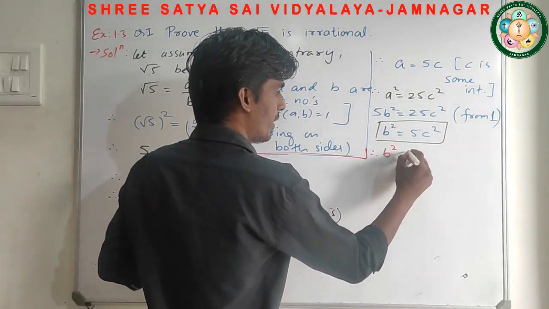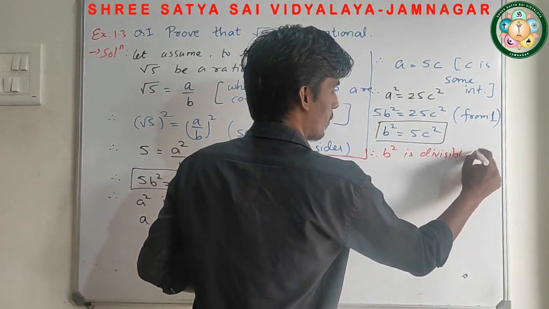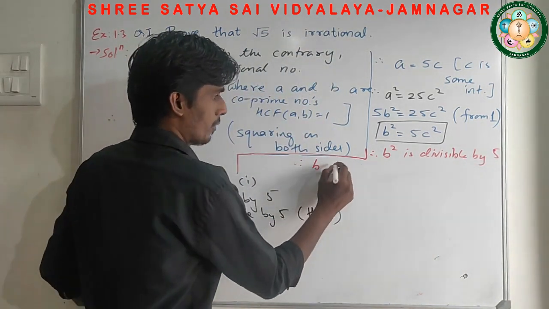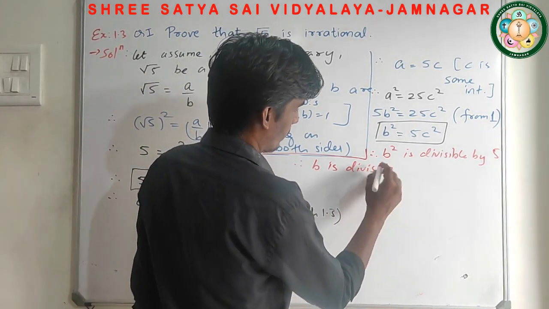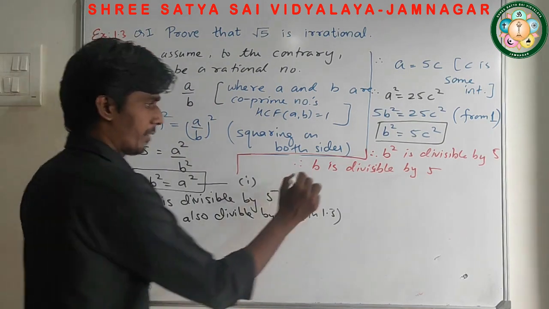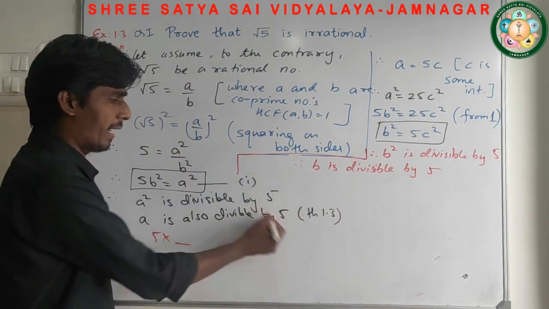By 5. Therefore, b is divisible by 5. So we got two statements: b is divisible by 5 and a is also divisible by 5.